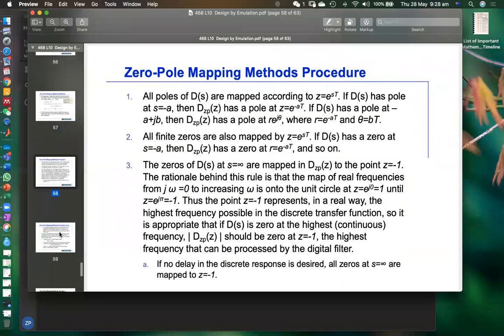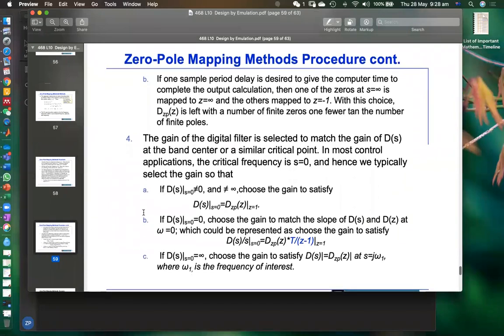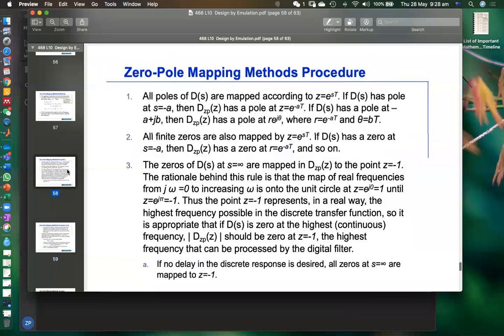However, the challenge part is this bit, step 4. How do we actually match the gains? There are 3 different situations. Let's go through the steps.